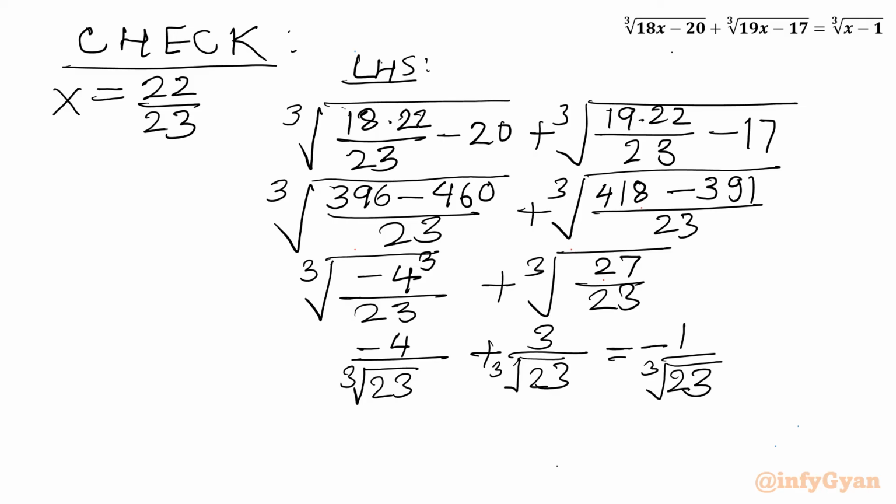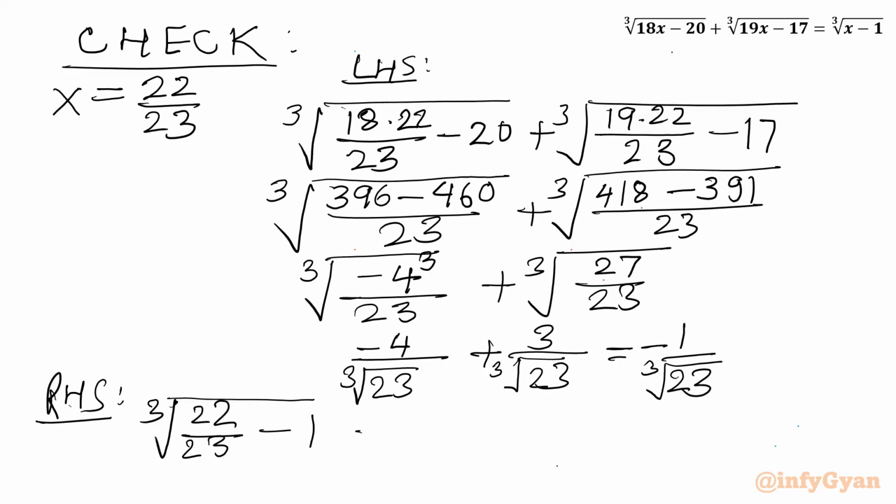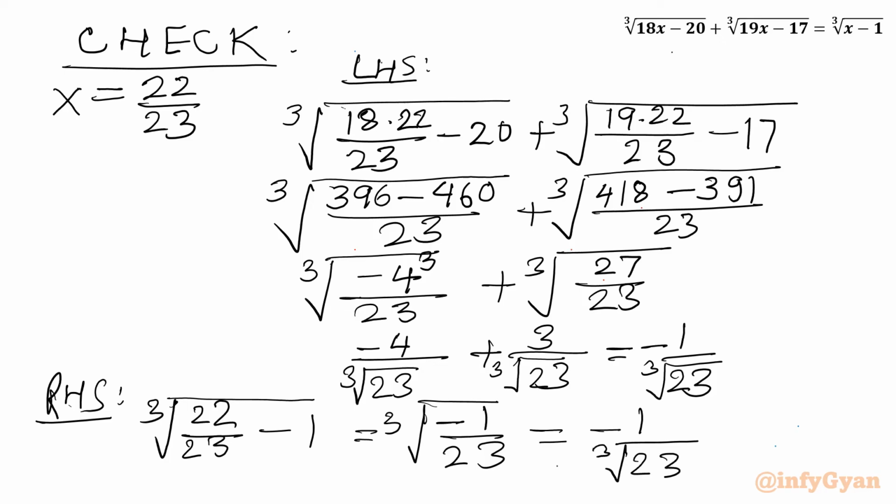And if you see RHS, then it would be cube root of 22 over 23 minus 1, which will be equal to cube root of 22 minus 23 over 23, so minus 1 over 23, which will be equal to minus 1 over cube root 23. So both values are the same. That means this is our verified solution.